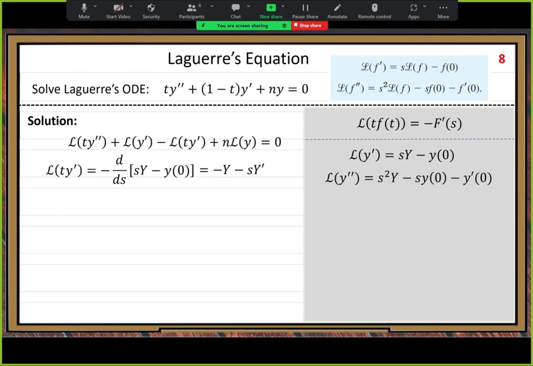So then for t times y double prime, this time we take the negative derivative of the bracket containing the whole expression for the Laplace transform of y double prime. Then just take the derivative, product rule, and simplification, and we have all these expressions.